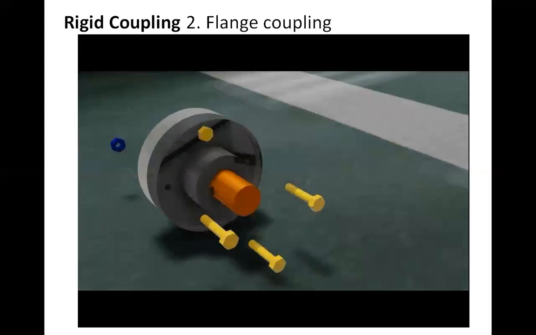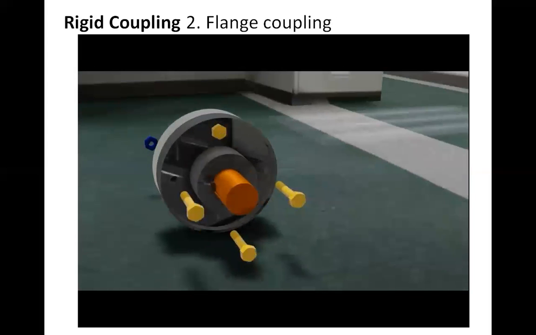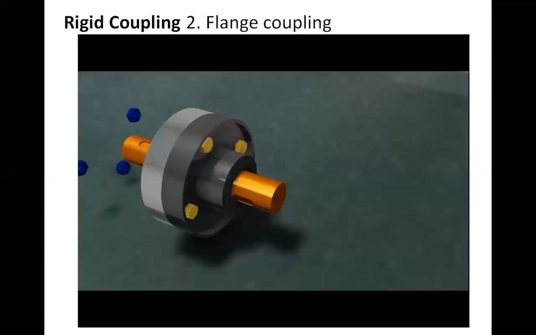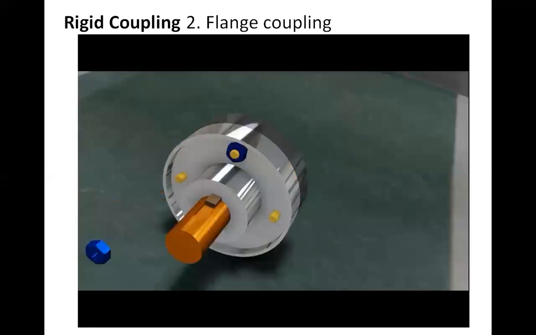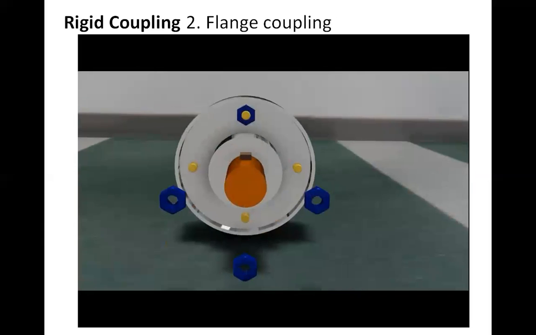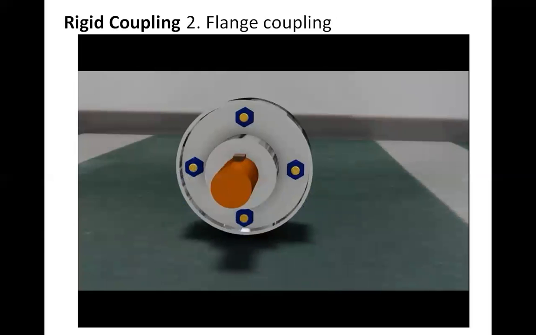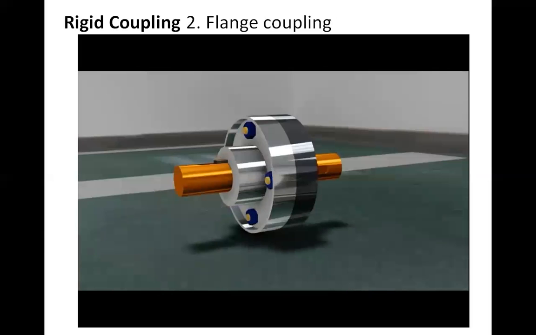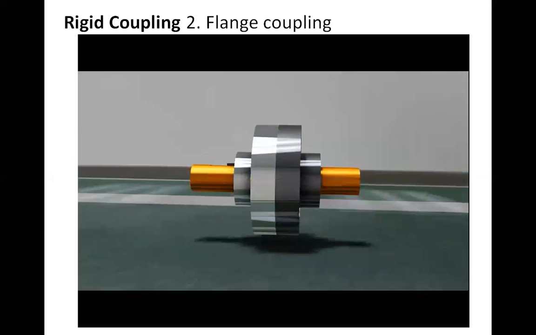So here four nuts and bolts are provided so that it can transmit the power. Okay, so this completes the assembly of the flange coupling. You can see the cut section view of that.